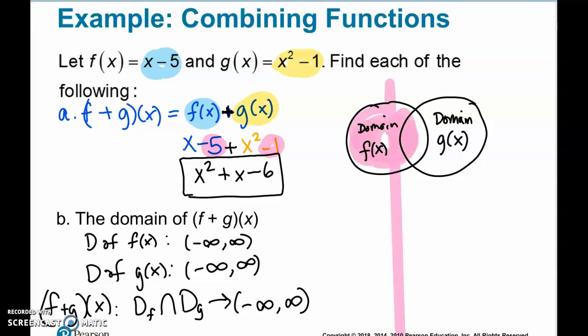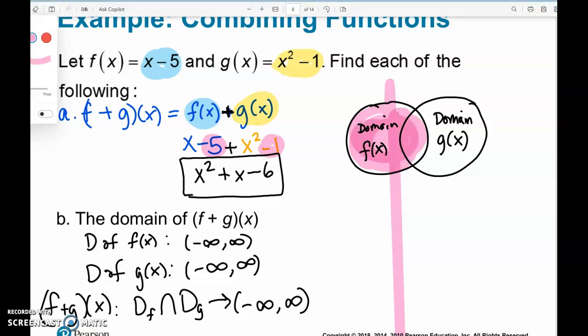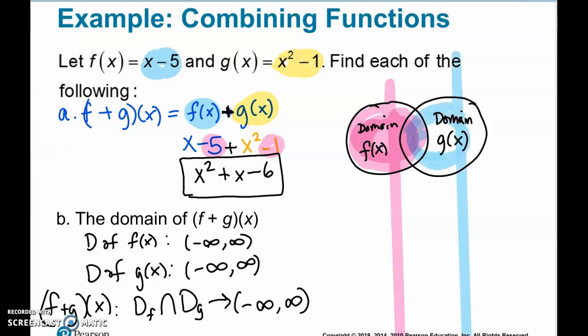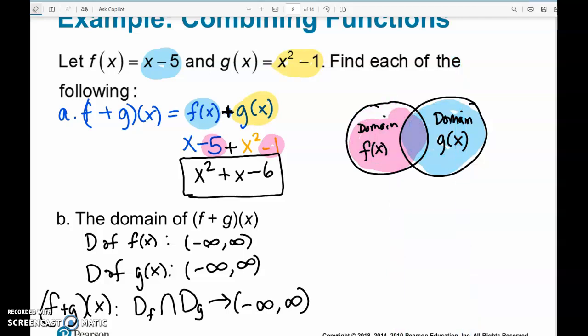So the pink is the domain of f, and the blue part is the domain of g of x. Well, where they overlap in the purple part would be the intersection. So this is the domain of f intersect the domain of g.